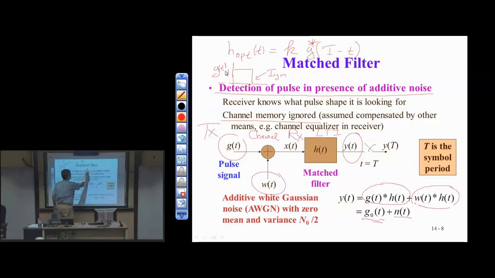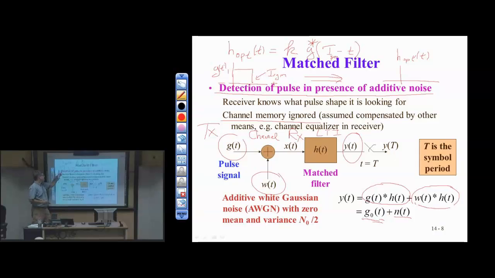What's the matched filter look like in terms of its impulse response? So I flip this in time, flip it, and delay it by Tsym. Lots of times running around.